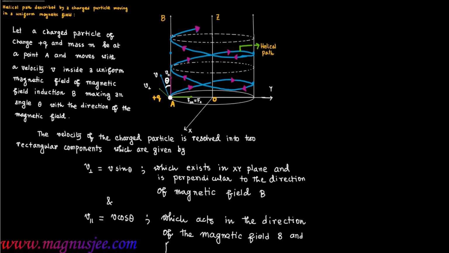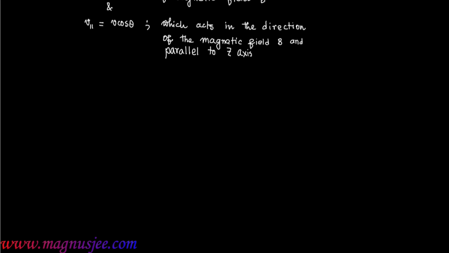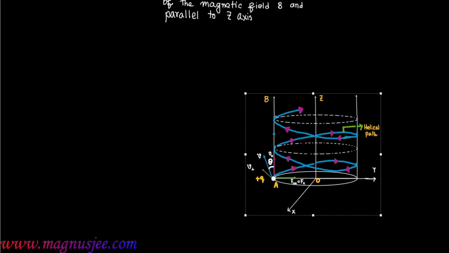and parallel to the z axis. v perpendicular equals v sin theta and v parallel equals v cos theta.